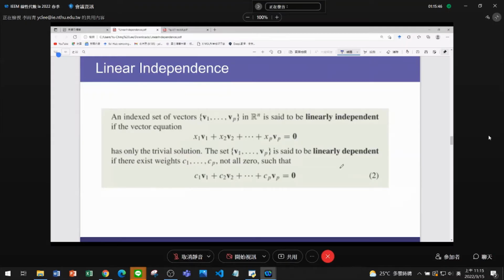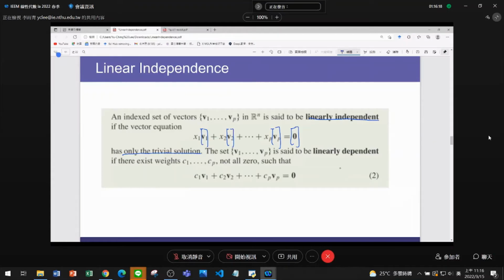These vectors are said to be linearly independent if the vector equation x1 times v1 plus x2 times v2 plus ... plus xp times vp equals the 0 vector has only the trivial solution.